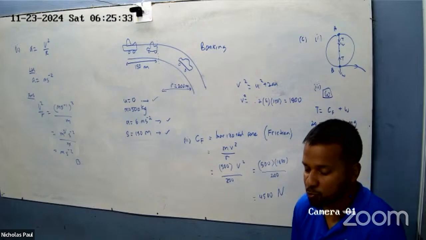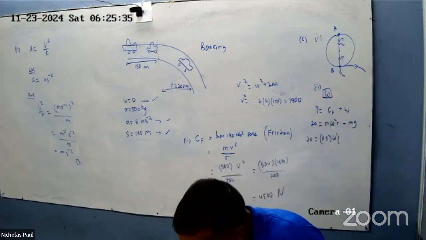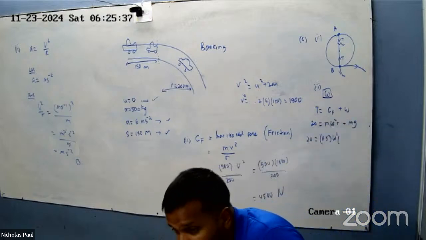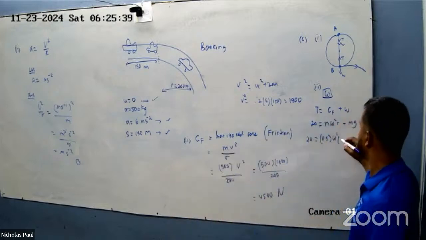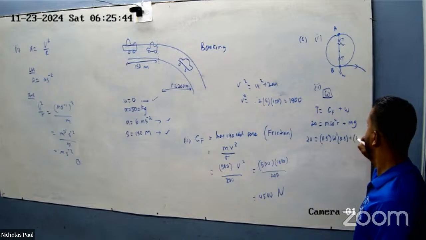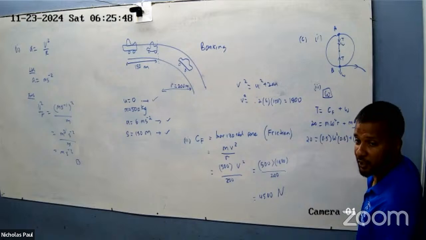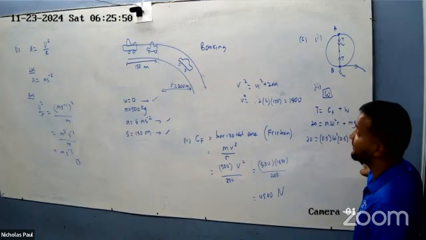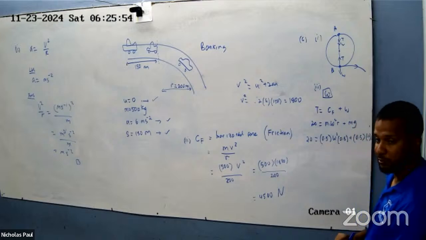What's the radius? 50, so that's centimeters, 0.5, right? Plus 0.5 times 10. Yes. It's not always 10, so you have to pay attention and check what G is, right?